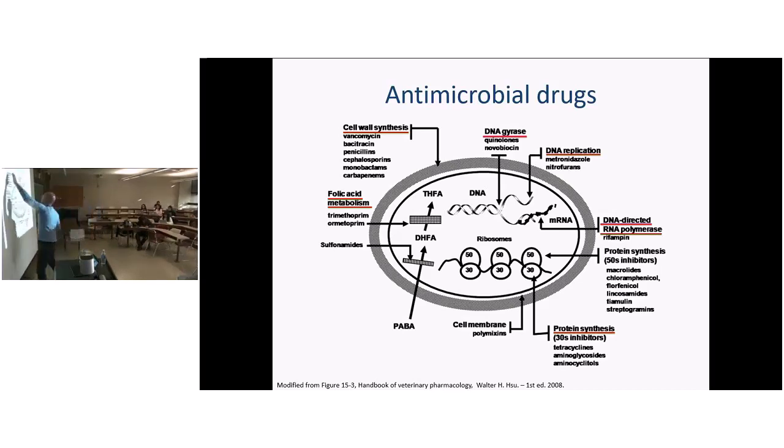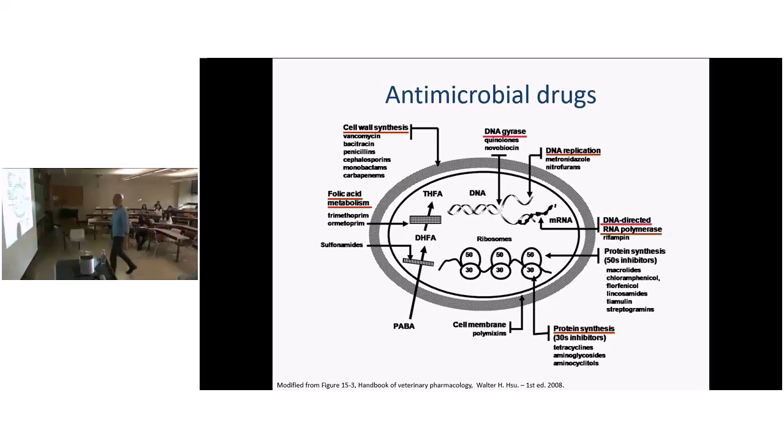So all of this, all the way from cell wall synthesis, folic acid metabolism, protein synthesis that is specific for bacteria, DNA and RNA replication, which encompasses almost all of those. Different antibiotics will act in different mechanisms inside of the bacteria.